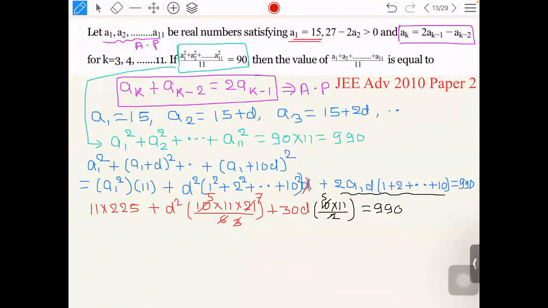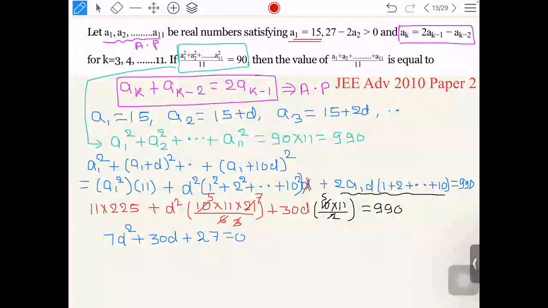If we divide by 55, we will get the equation. Dividing by 11, 11 times 5 is 55. So we will get 7 times d square plus 30d plus 27 is equal to 0.